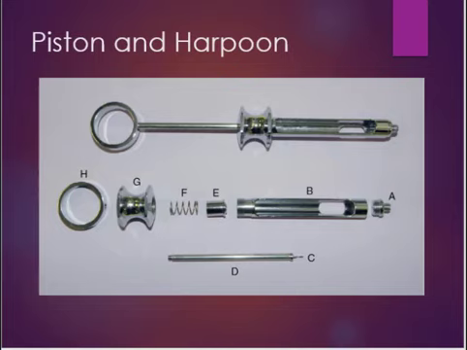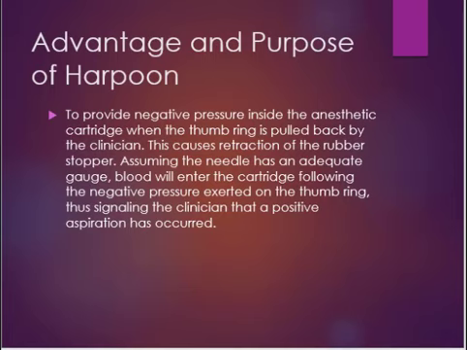All right, we went over all of these already. Now the advantage and purpose of the harpoon. To provide negative pressure inside the anesthetic cartridge, meaning to pull back on the anesthetic cartridge, the clinician has to pull back on that thumb ring.